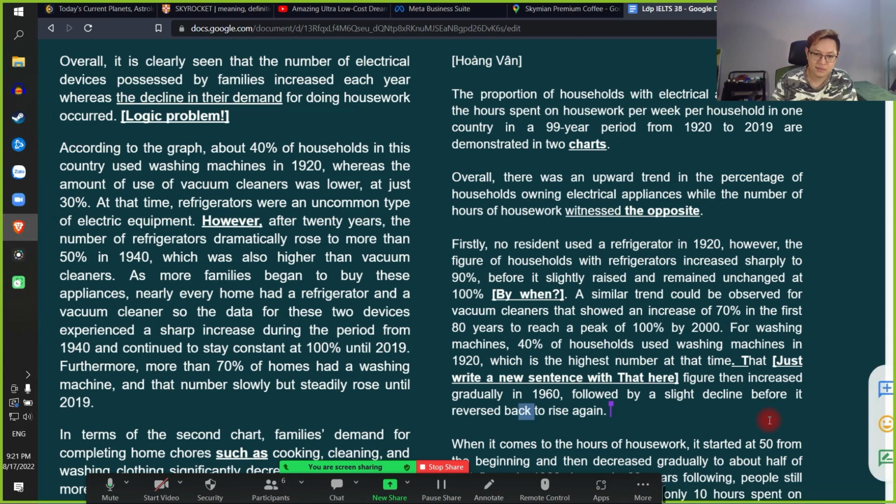Before it reverse to rise again, I think. Or you can say before it show a reversal. Trước khi nó diễn tả ra một cái sự đảo nghịch lại. Thì tức là nó giảm, nó đảo nghịch lại tức nó tăng còn gì nữa. So if you say a slight decline before it shows a reversal, it means it increases again.